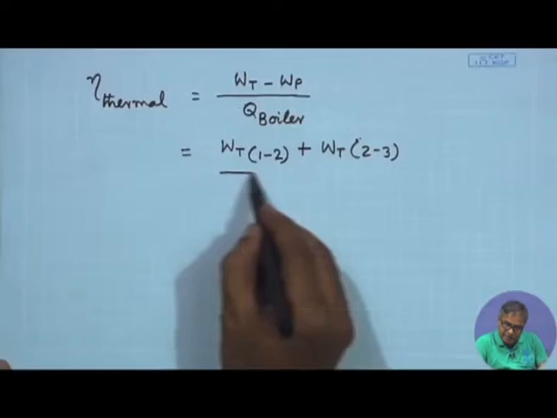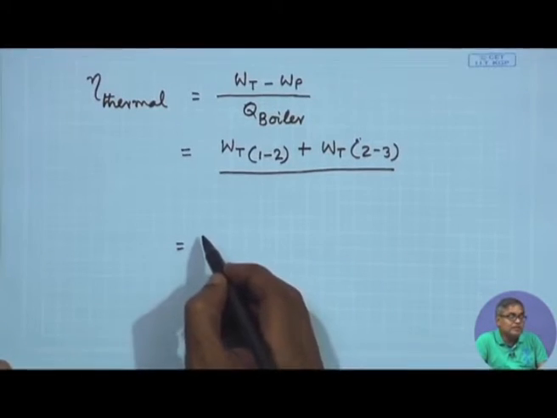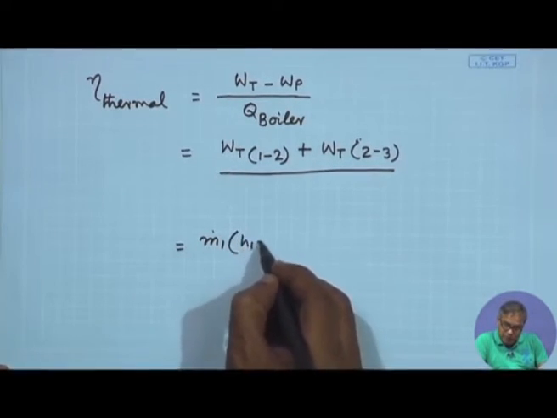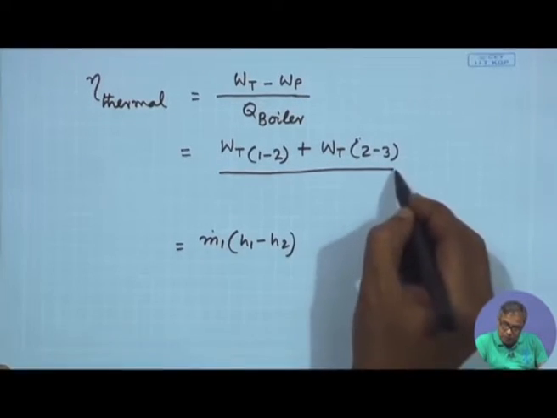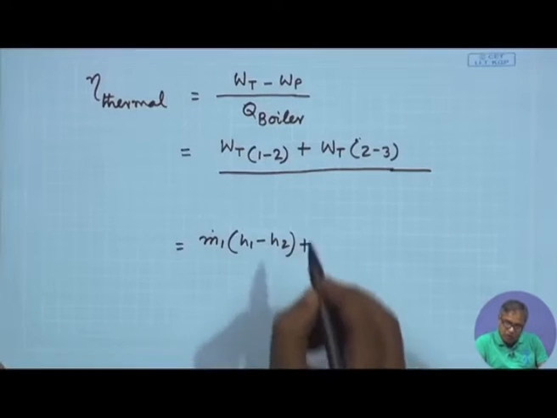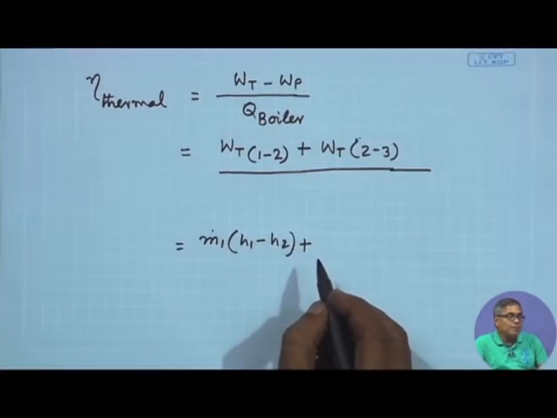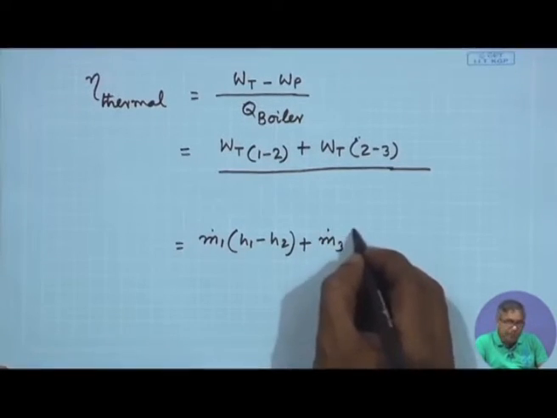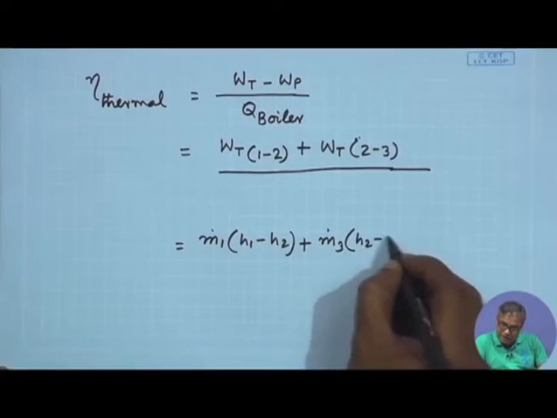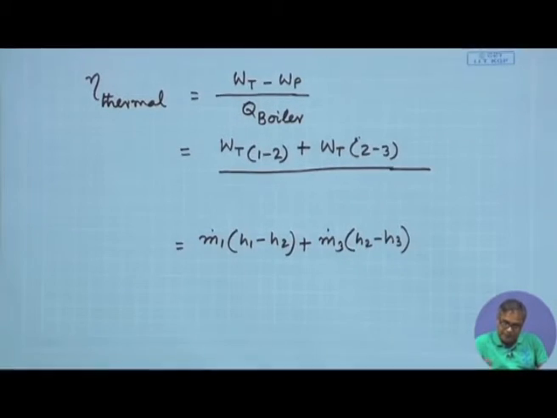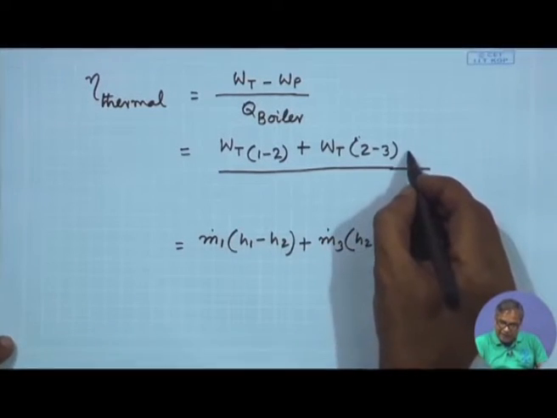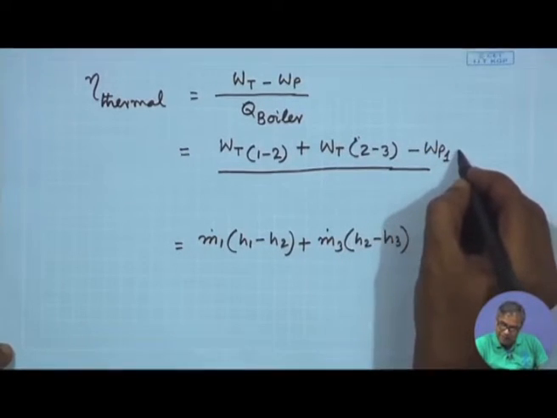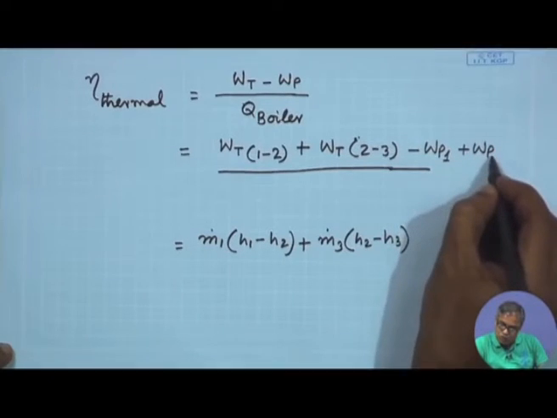So we can write m dot 1 into H1 minus H2 plus m dot 3 multiplied by H2 minus H3. This is the turbine work. Then there are two pump works, W P1 plus W P2.